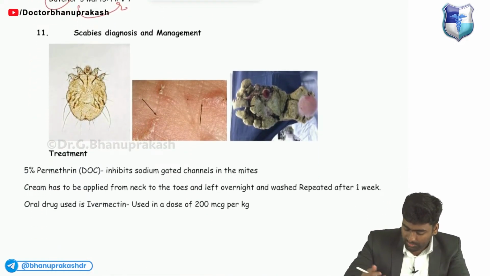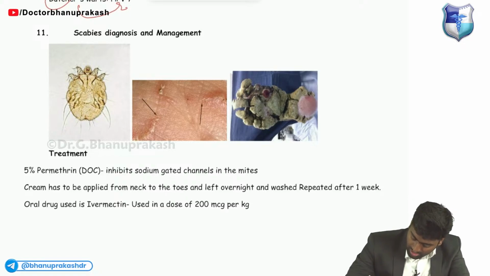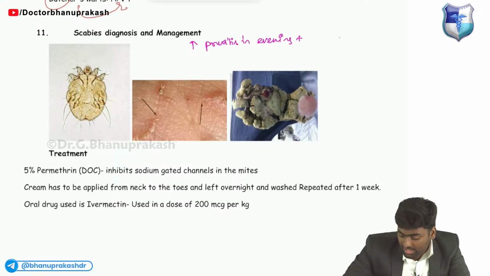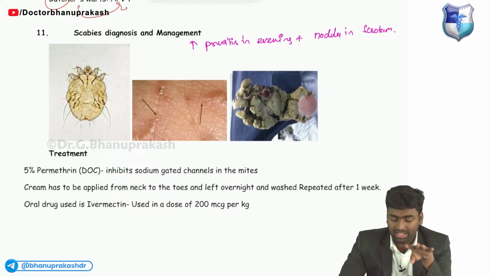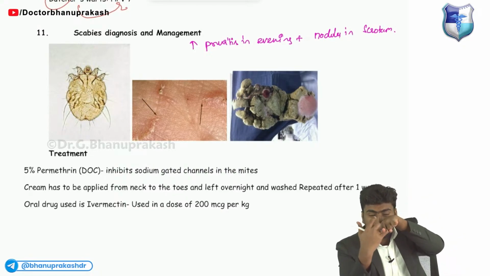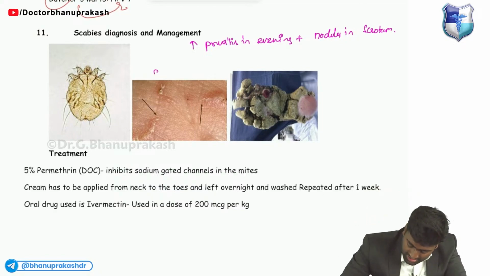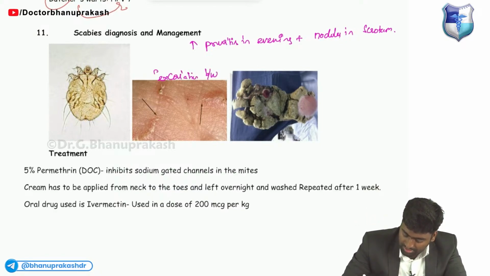Next, say a patient is presenting with increased pruritus in the evening, along with nodules in the scrotum, and in the web space between the fingers he is able to see excoriations.